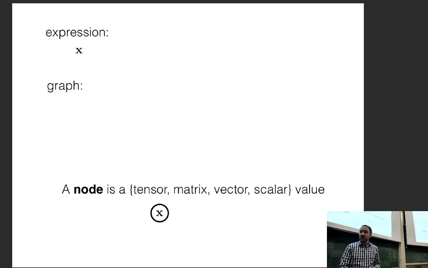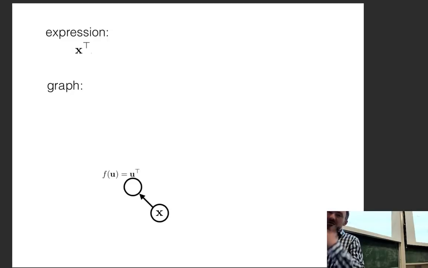Or it can be a vector of values, like I was talking about before. It can be a matrix, so two-dimensional. Or it can be a tensor of arbitrary dimensions. So it could even be 3, 4, or 5 dimensions, etc.